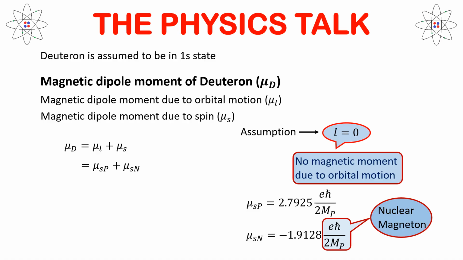Thus, the magnetic dipole moment of deuteron is calculated to be 0.8797 in the unit of nuclear magneton.